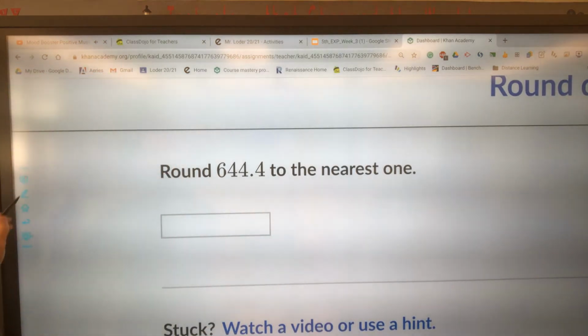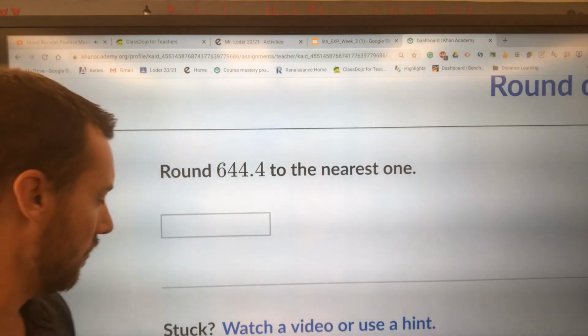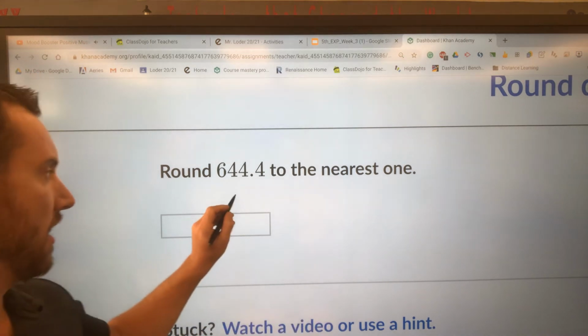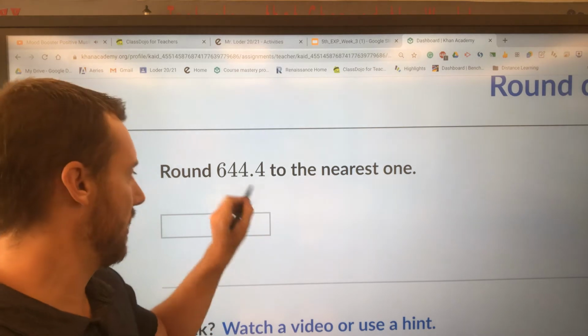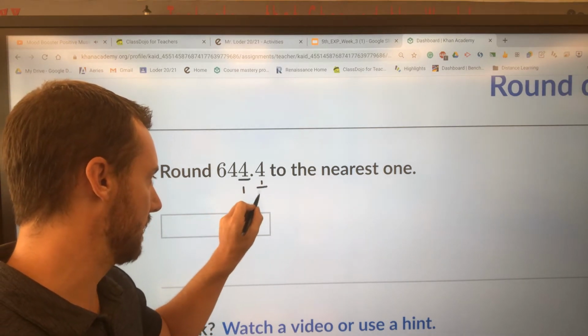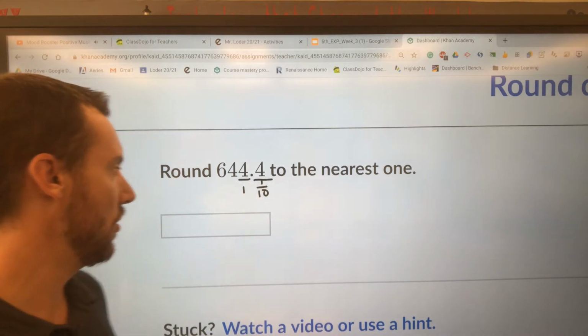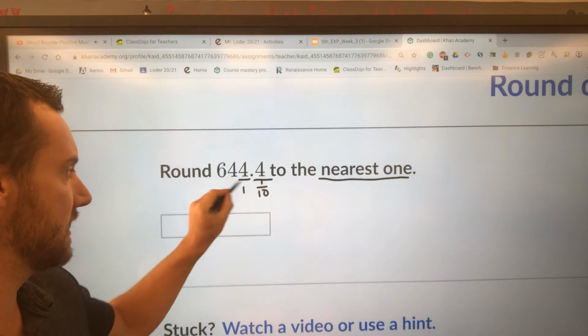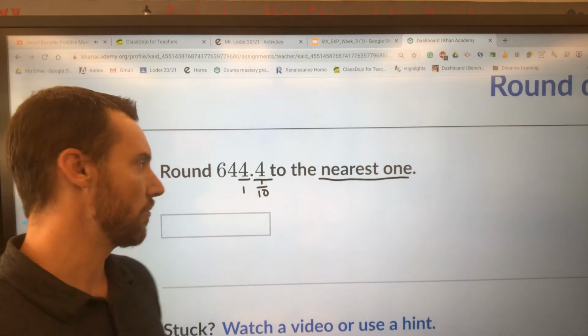Okay, so we know that the ones place is right here. This is our ones, and this is our tenths. It says round to the nearest ones place, so that means that this is the digit that's going to get rounded.